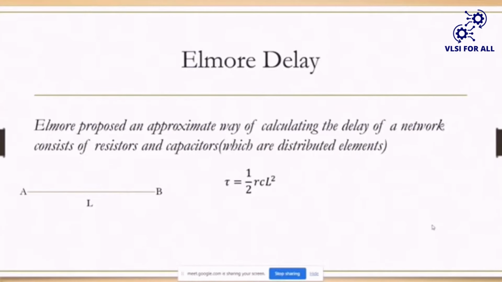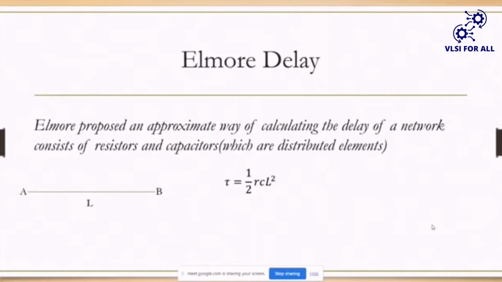He divided the entire net length into different sections, and he derived the formula, that is tau equals 1 by 2 RCL square. The noteworthy point is the net delay is directly proportional to the quadratic function of interconnect length.